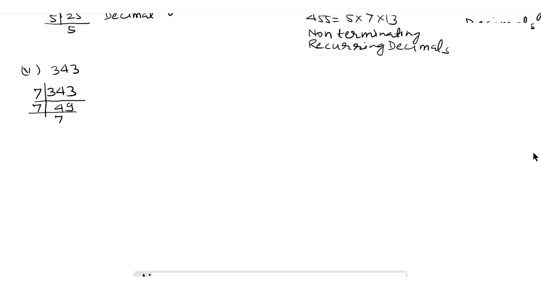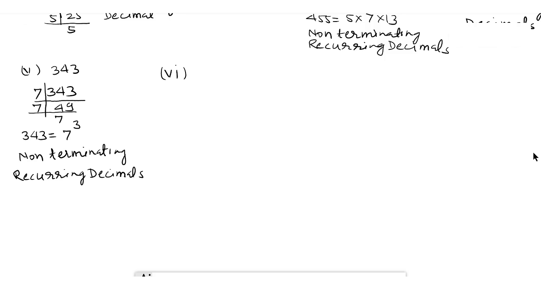So this gives us the quotient as 7. 343 is equal to 7 to the power 3. Now, as the denominator is not of the form 2 to the power m into 5 to the power n, it is not a terminating decimal. So this is non-terminating recurring decimal.